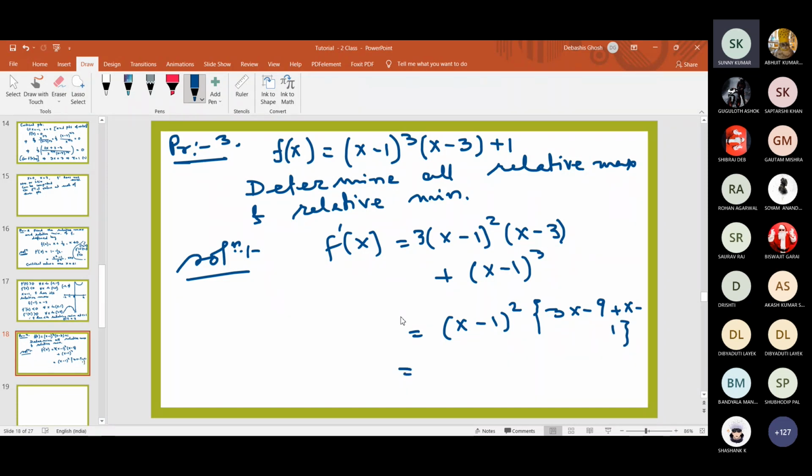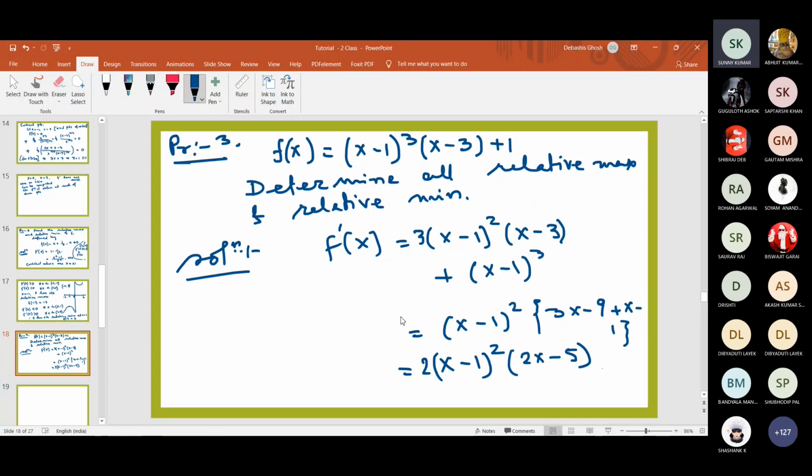That comes to x minus 1 square into 4x minus 10. We can take 2 common, of course, it is 2x minus 5. Now this one exists for all values of x.